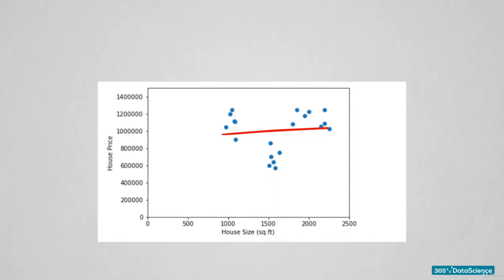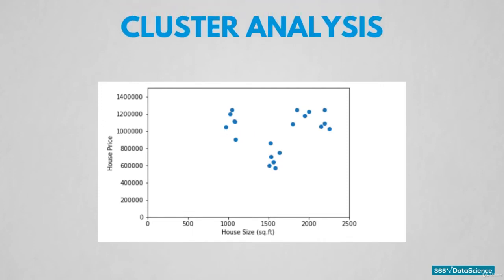Yes, we could. When the data is divided into a few groups called clusters, you can apply cluster analysis. This is another technique that will take into account that certain observations exhibit similar house sizes and prices. For instance, this cluster of observations denotes small houses, but with a high price.